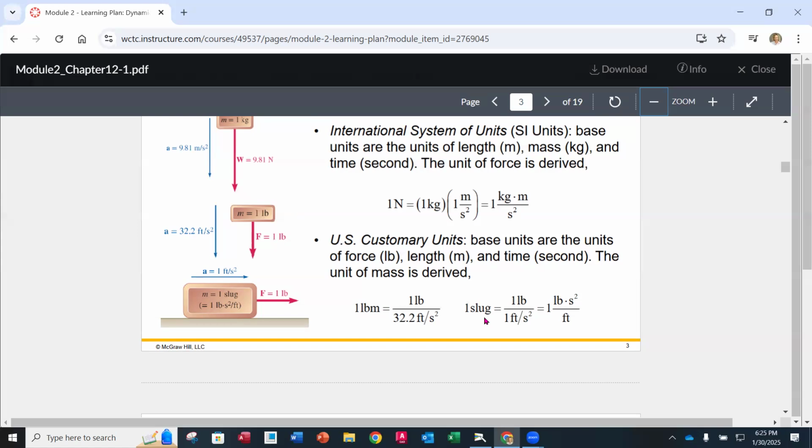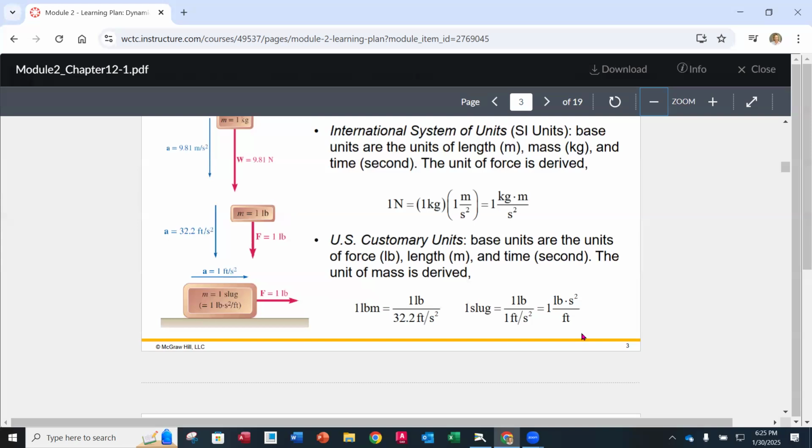And a slug expanded out is going to be a pound divided by the rate of gravity, okay? Because the rate of gravity in the English system is feet per second squared, this per second squared multiplies on top. So the expanded units for a slug, or for mass in US customary, is pound second squared per foot. Okay, so we'll see that.